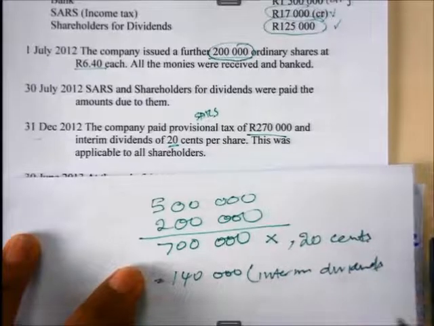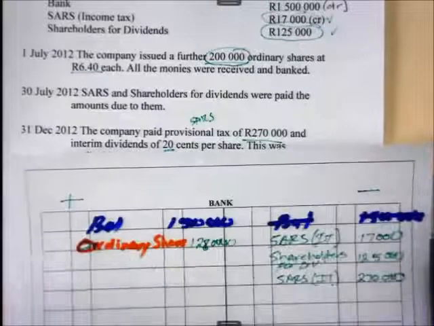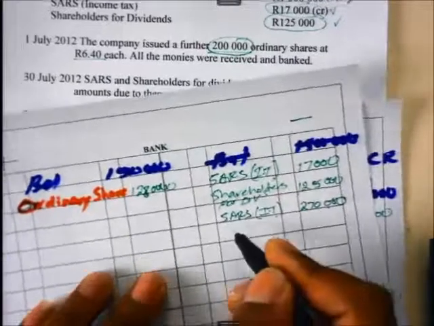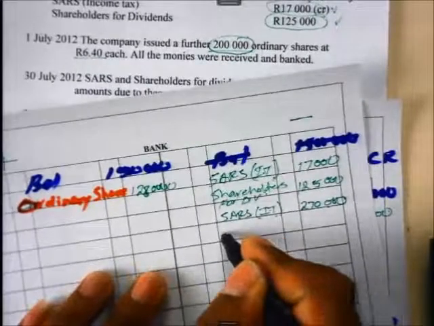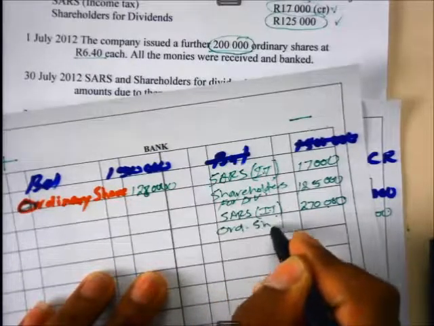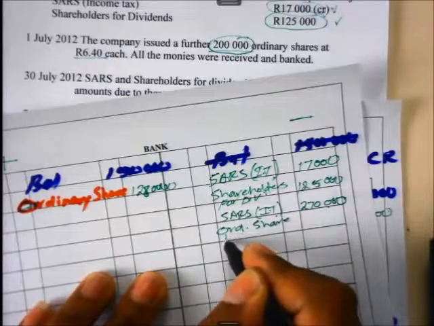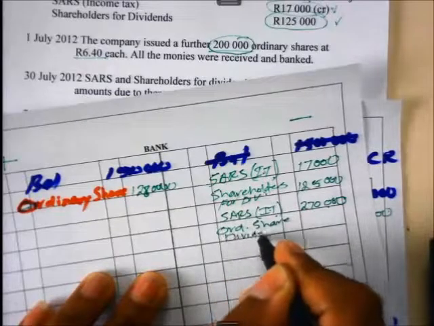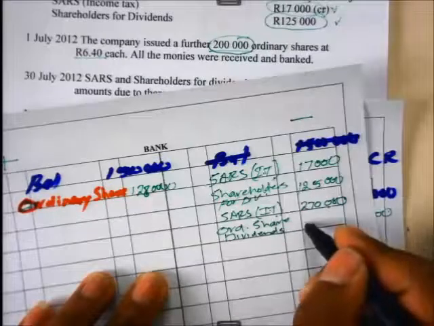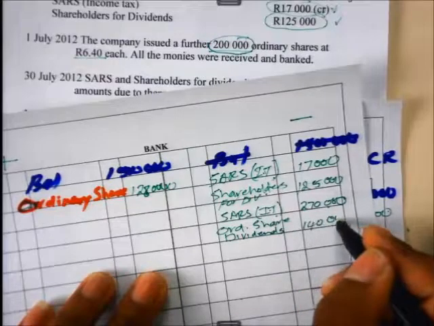These are your interim dividends. Now, these were paid, therefore they are going to decrease our bank. We are going to credit bank with ordinary share dividends. How much? 140,000.